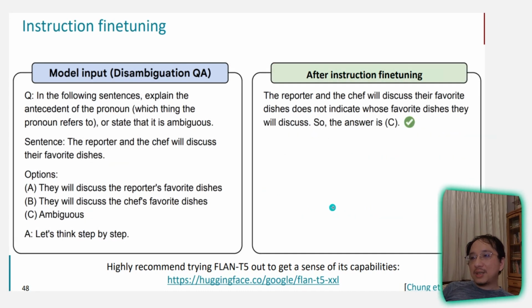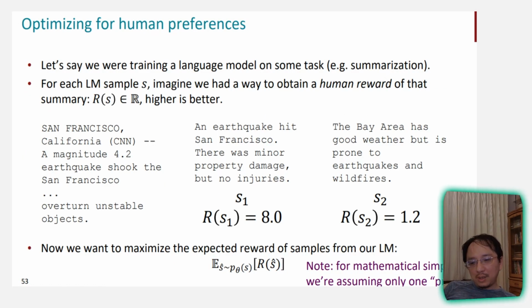But after the instruction fine-tuning, it will reply with something we are expecting, and correctly. Although instruction fine-tuning is very useful and straightforward, it doesn't address the exposure bias issue.